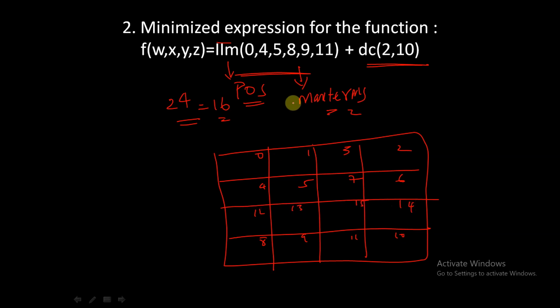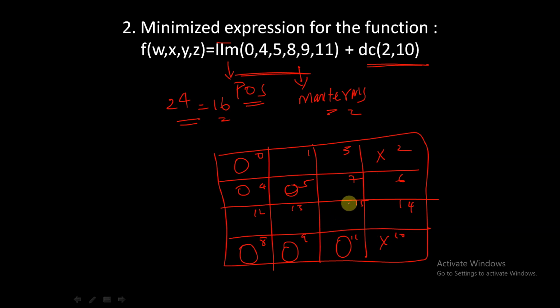Now we should write the max terms, that is 0, 4, 5, 8, 9 and 11, followed by the don't cares 2 and 10. So these are our don't cares.